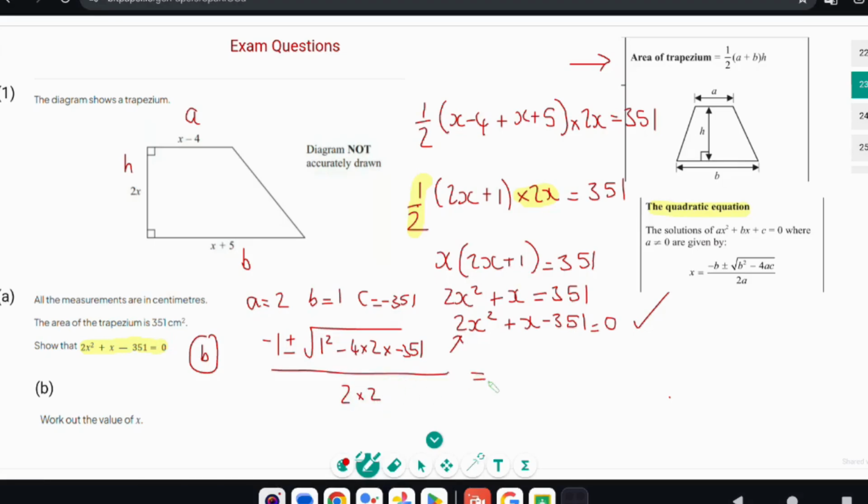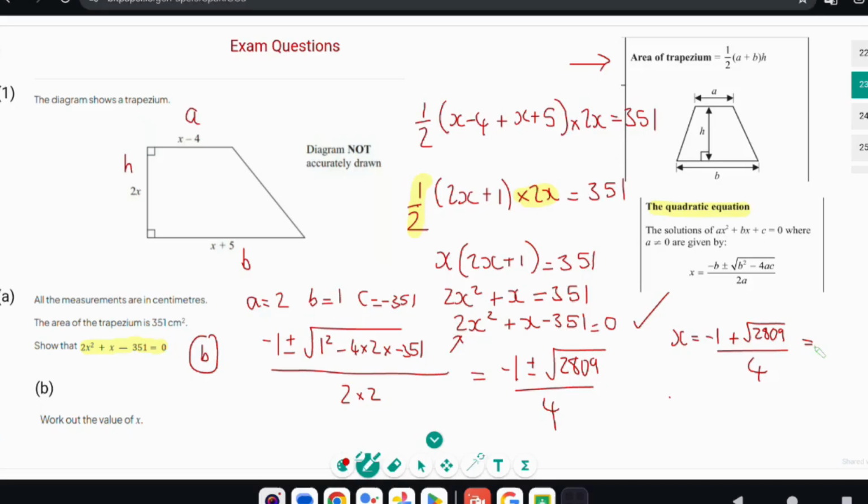Let's simplify that. I'm going to work out the bit under the square root. Now, one of my answers is minus 1 plus the square root of 2,809 over 4. Now, the square root of 2,809 happened to be 53.